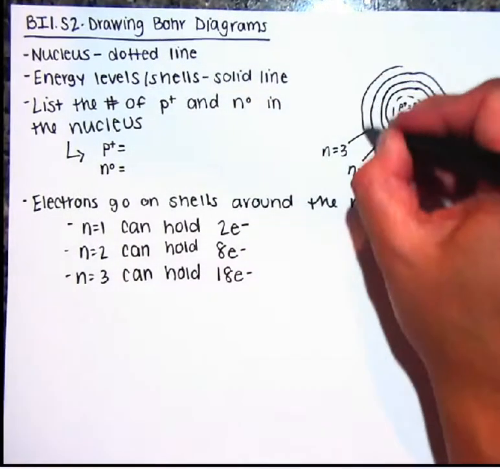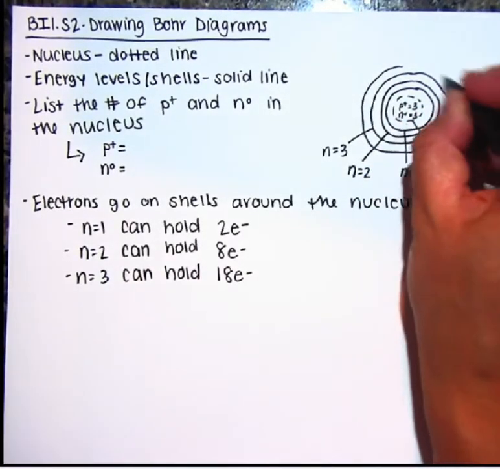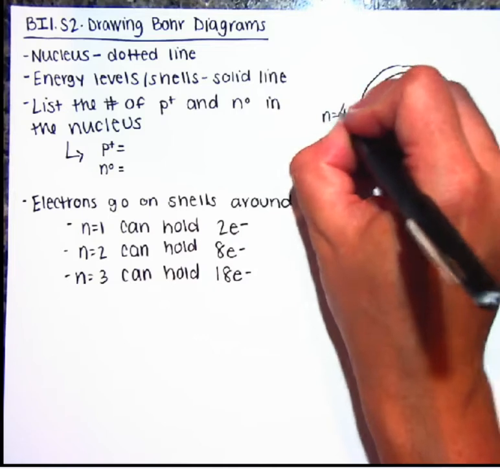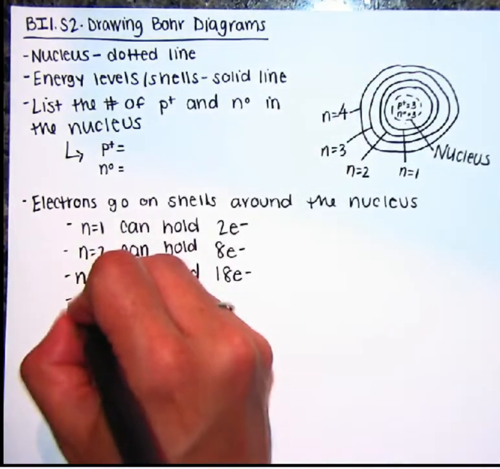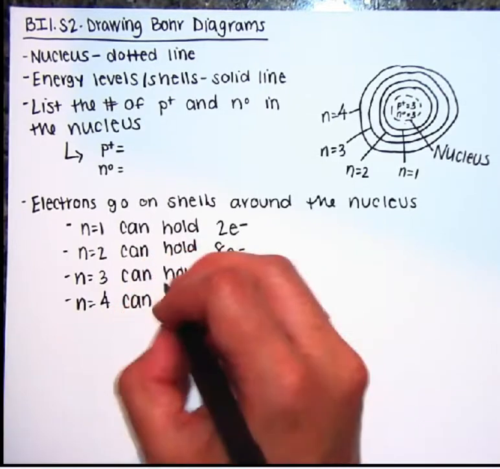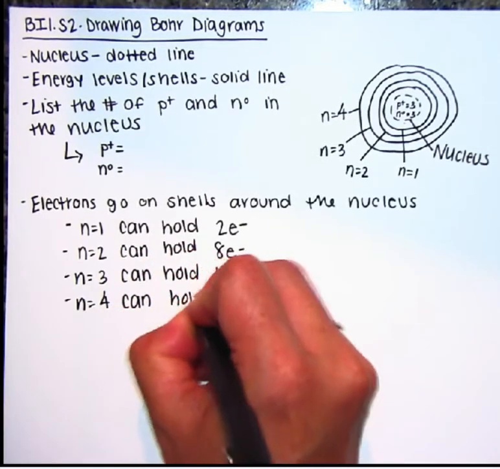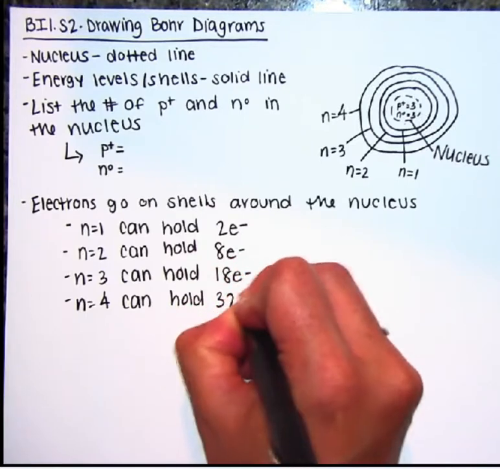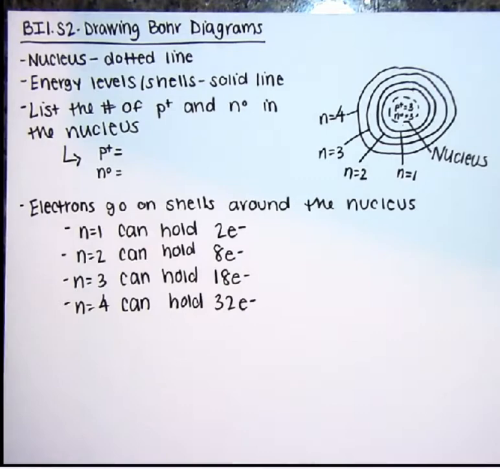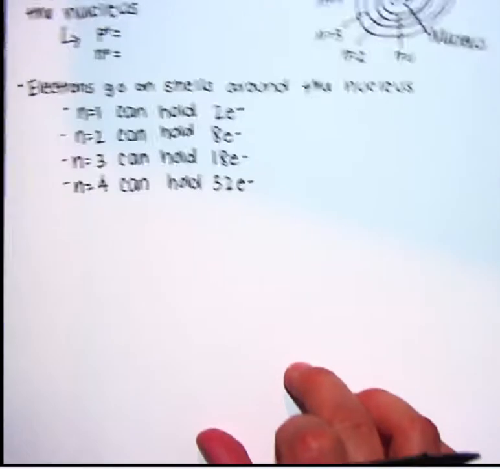We will never draw something this big, but let's say we were to get to n equals 4 or greater. It can hold 32 electrons. So let's look at a few examples.